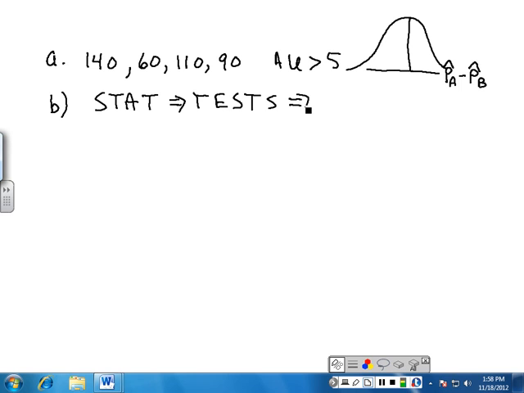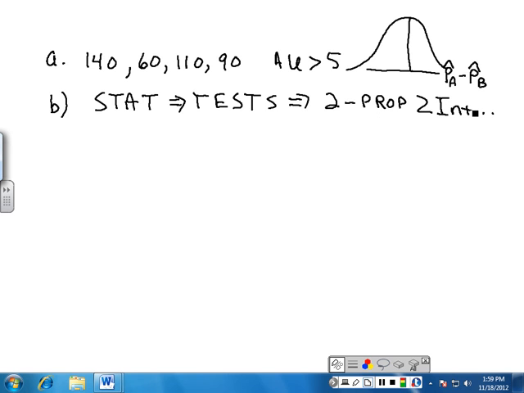Make sure that if you're doing the interval, if you do the test, you can put the data in there, and then you'll just have to go back and do the interval. But if you go stat, tests, 2 proportion, yes, it says 2-PropZInt. That's what it looks like on mine.